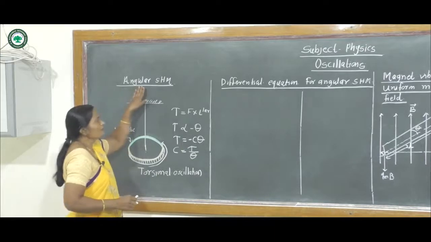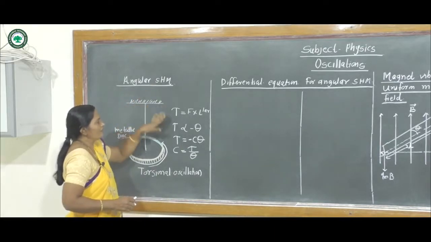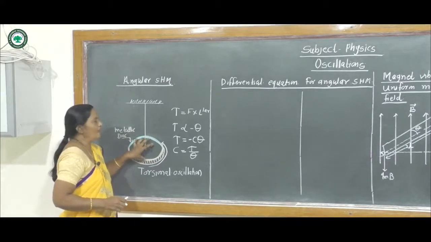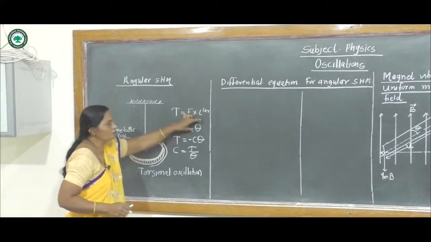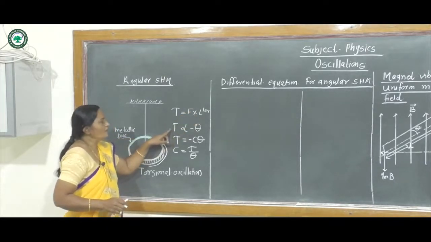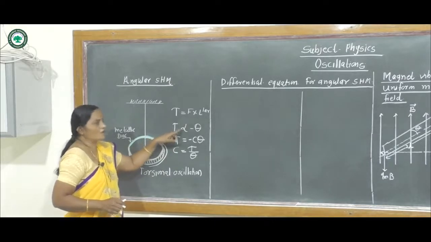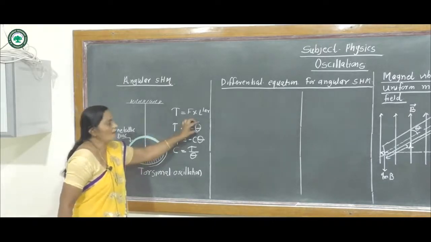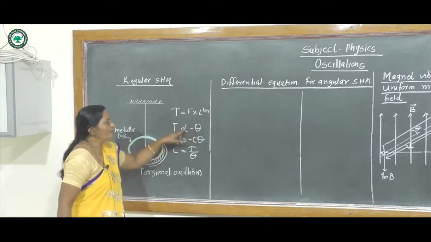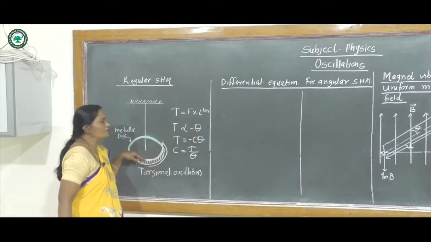In angular SHM, the restoring torque acting on this metal disc is directly proportional to the magnitude of the angular displacement and it is directed towards the mean position.